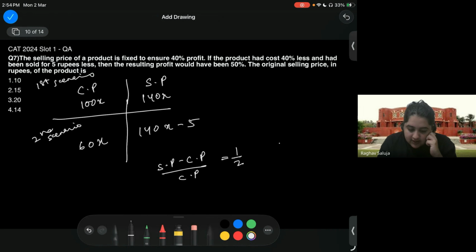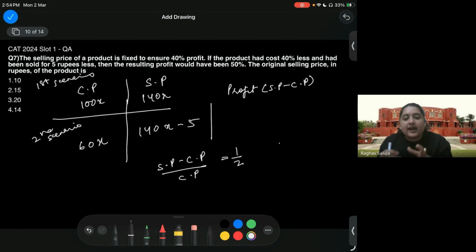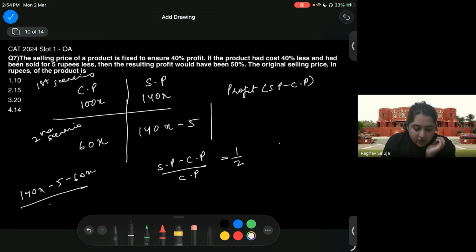So what is our SP? We can just write profit here. That is nothing but SP minus CP. And I am doing this much so that things are more clear to you. When you do things, it should be as simple as this: 140x minus 5 minus 60x upon 60x should be equal to half.